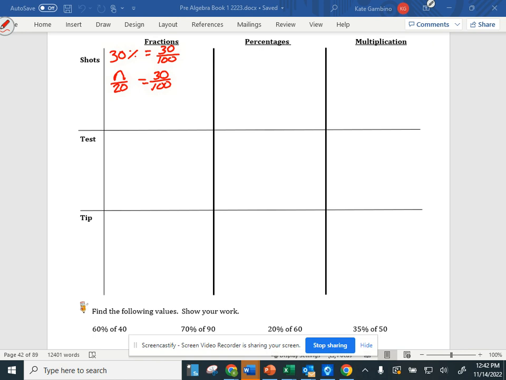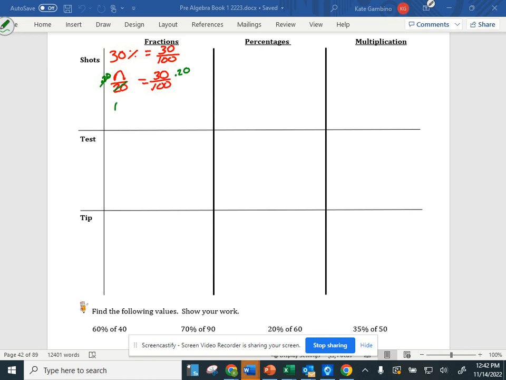So now we're going to solve for N. So now we're doing that algebra that we did a few objectives ago. If we're dividing by 20, what do we need to do to get N by itself? Tatum? Times it by 20. So we're going to multiply both sides by 20.